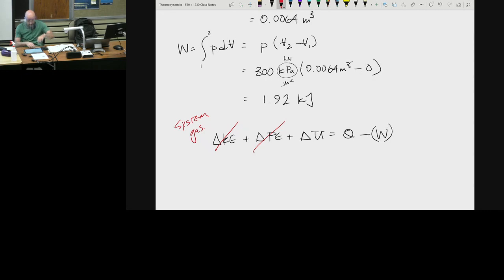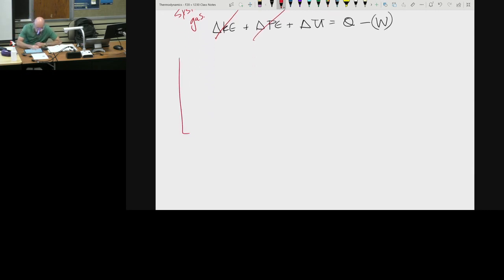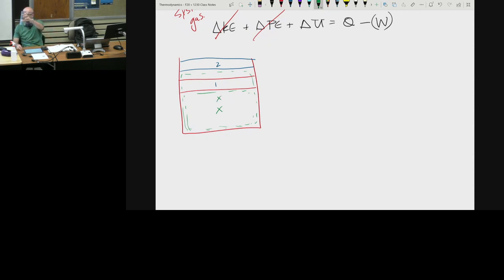Because that gas, if we look at it here, is moving from 1 to 2. If you look at the system here, our system will have a center of mass here and a center of mass here of that gas. The center of mass of the gas does rise a little bit because of the expansion.